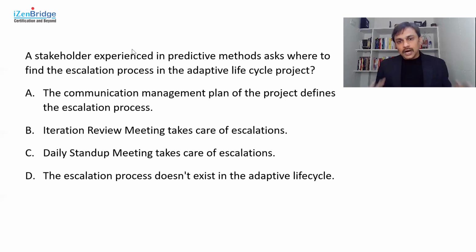And in our predictive as well as adaptive lifecycle space, the escalation-related thing is usually placed in a communication management plan. So the question I am trying to reiterate with the help of this question is, please don't assume that things like a communication management plan or a stakeholder engagement plan are not needed in the agile way of working.